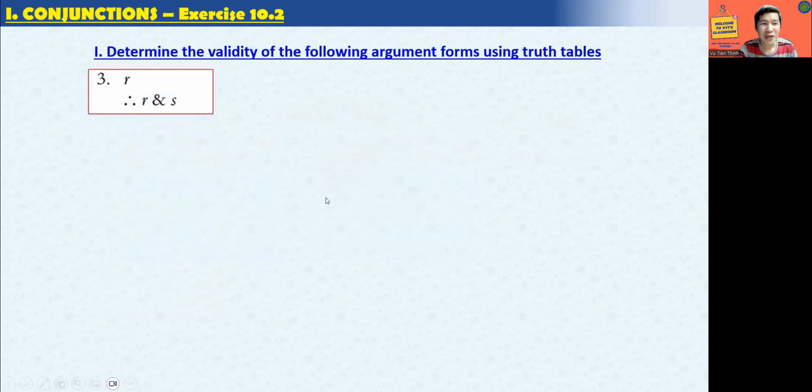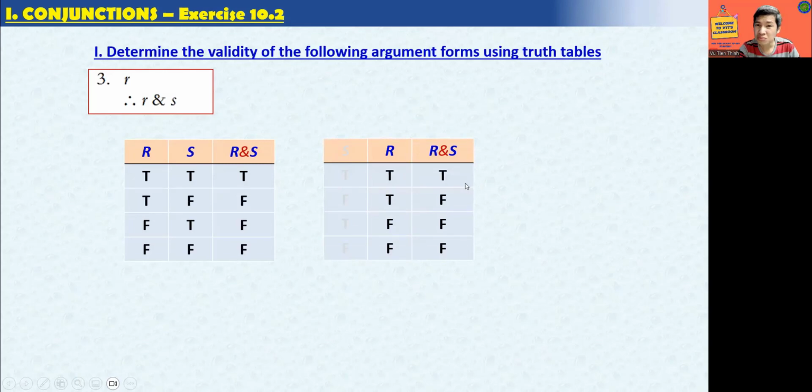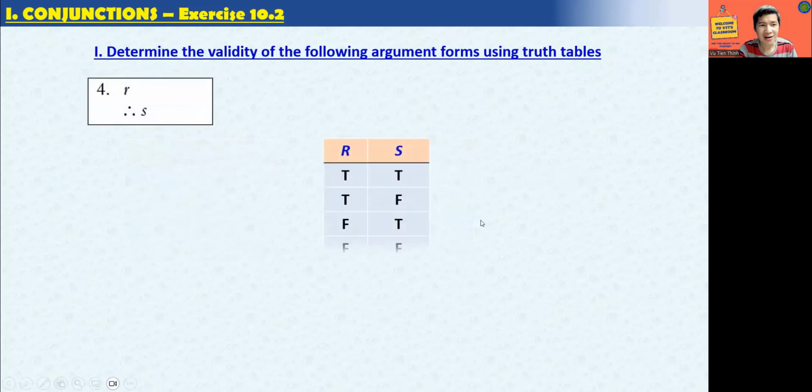Number 3, we have R and S. Remember, we have just a single detail, and then in the conclusion we add something more. True, true, true, false. 50% valid, 50% invalid, and in general, invalid. It means there is still the case when the premise is true but the conclusion is not true. Invalid.